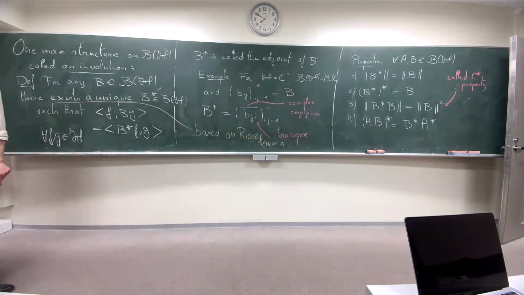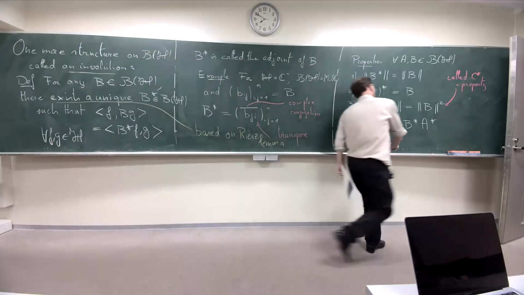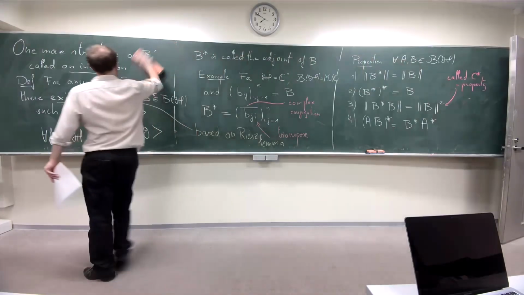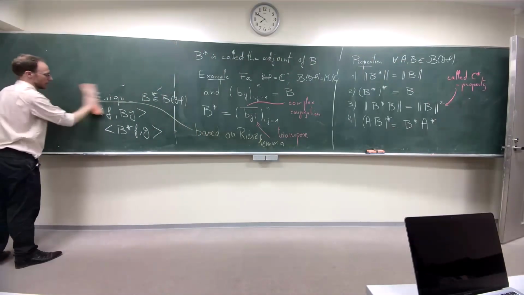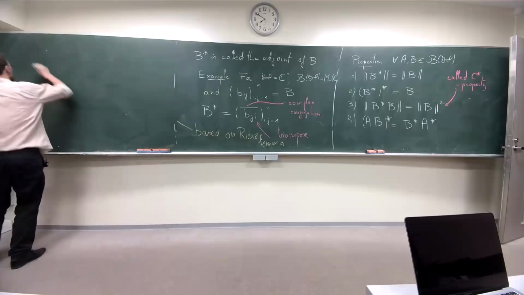What about our multiplication operator? Can you guess? I introduced this multiplication operator. What is the adjoint of this multiplication operator? Try to guess. So I just recall the framework. Example.